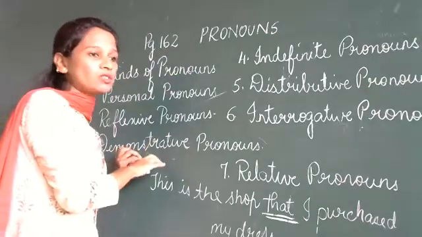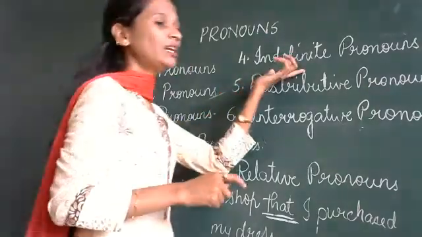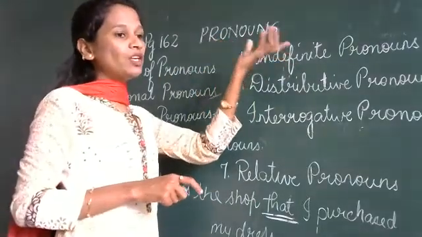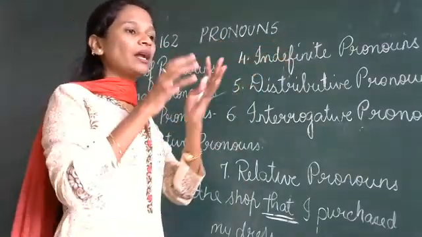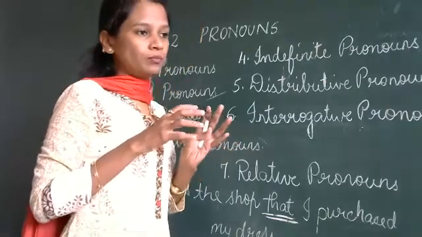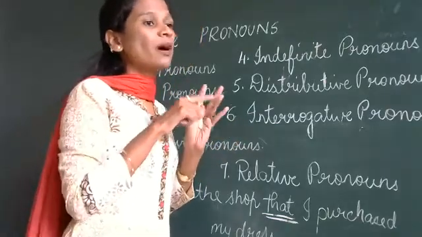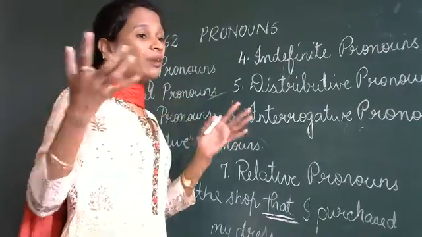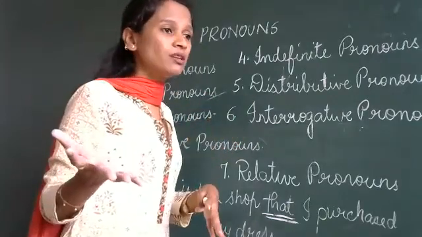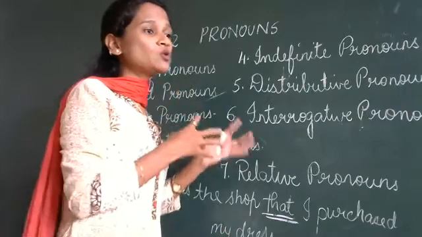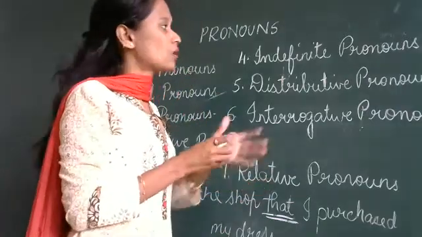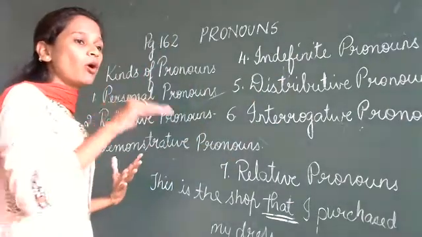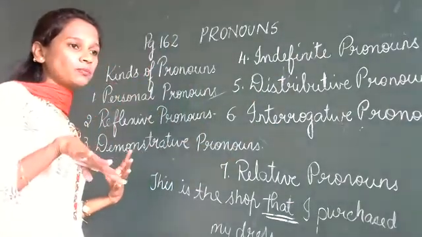That is called as demonstrative pronouns. And indefinite pronouns are the pronouns that are used for something that is in a small group. That is some, many, few, more. Many students in the class are absent. Few students have come to school. So that is called as indefinite pronouns. And demonstrative is used to point this, that, these, those.